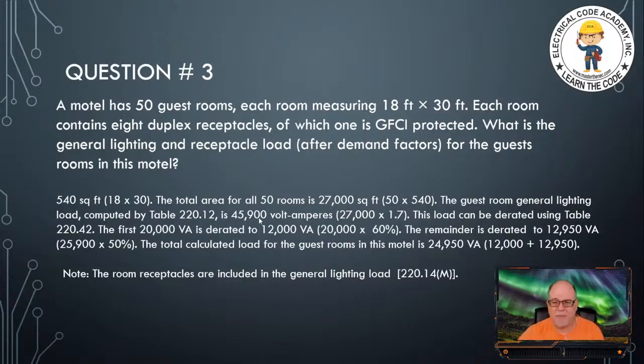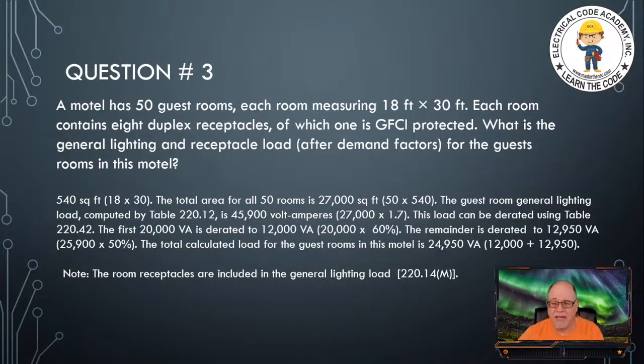Now we get to apply some demand factors, and that was in 220.42. It said the first 20,000 we can take at 60%, which is going to be 12,000. The remainder over that, and it wasn't more than 100,000, is 25,900, and we multiply it at 50%. That ends up being 12,950. Well, guess what?